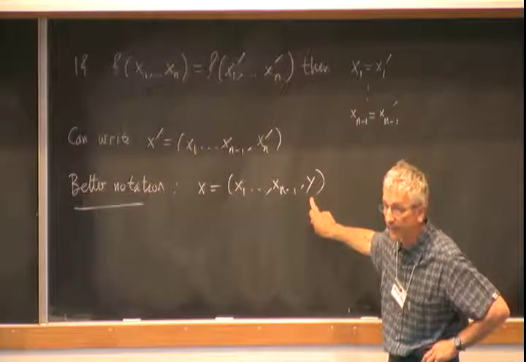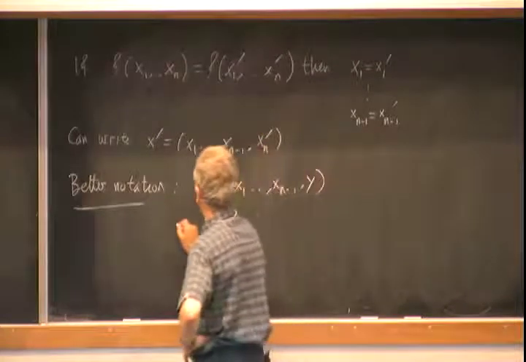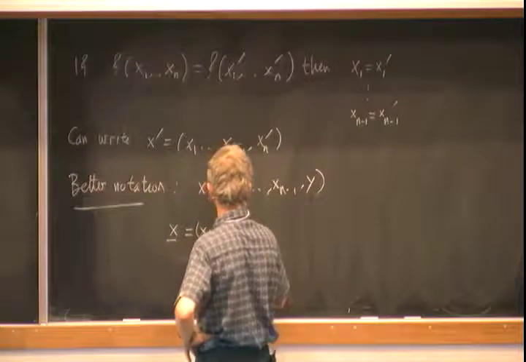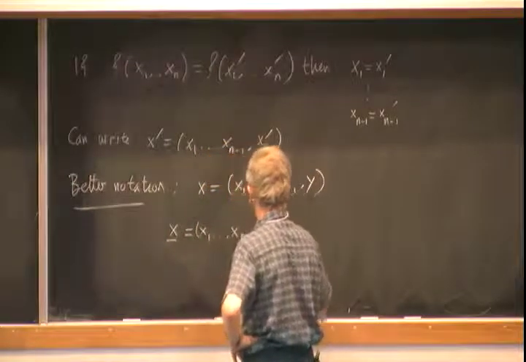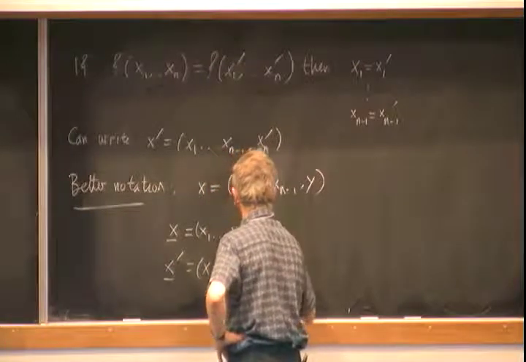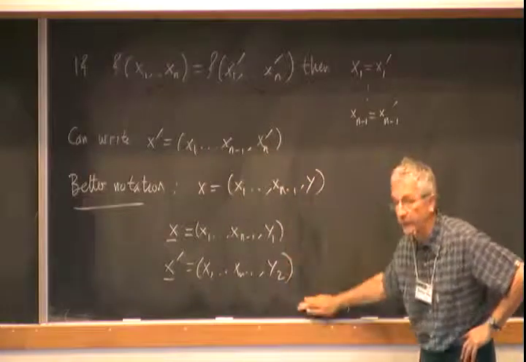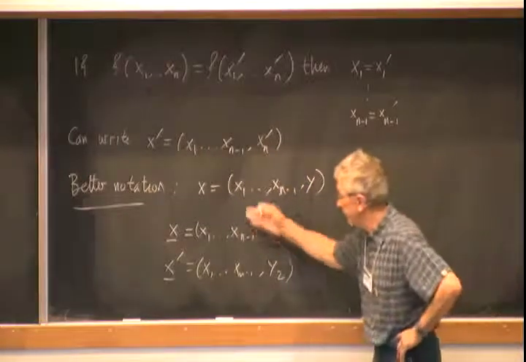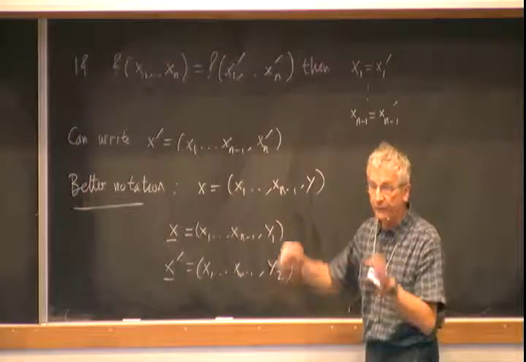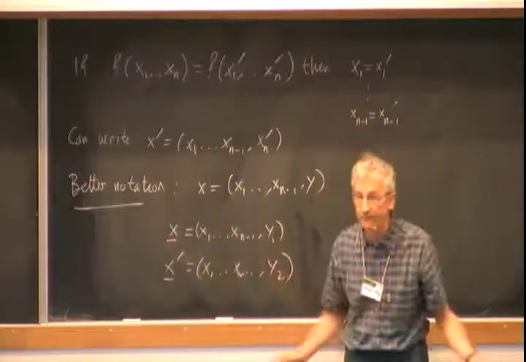So we'll call this y. And now, our 2 points become, the first point will be x1, ..., xn minus 1, y1, and the second point, x prime, will be x1, ..., xn minus 1, y2. And this allows me to introduce k-tuples of points in which all the first n minus 1 coordinates are the same, and only the last one is different. Because if they have the same image, all the first n minus 1 coordinates must be the same.